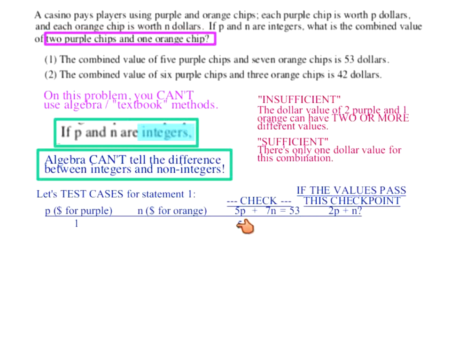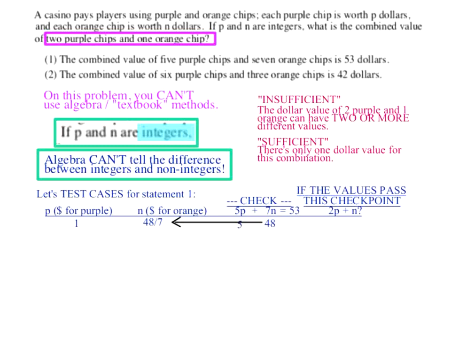This is 53, this is $5, so that means this would have to be 48. That doesn't work because N would have to be 48 over 7, and that's not going to happen. 48 over 7 is not an integer number of dollars. So this case is a non-case.